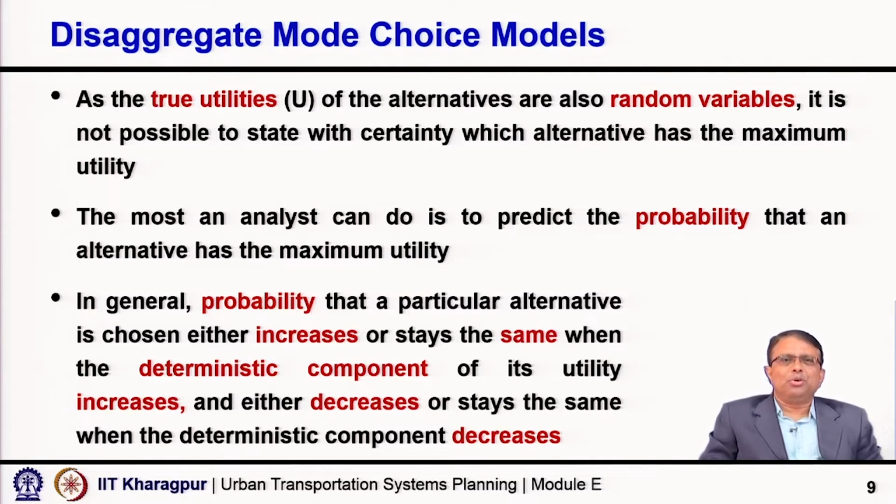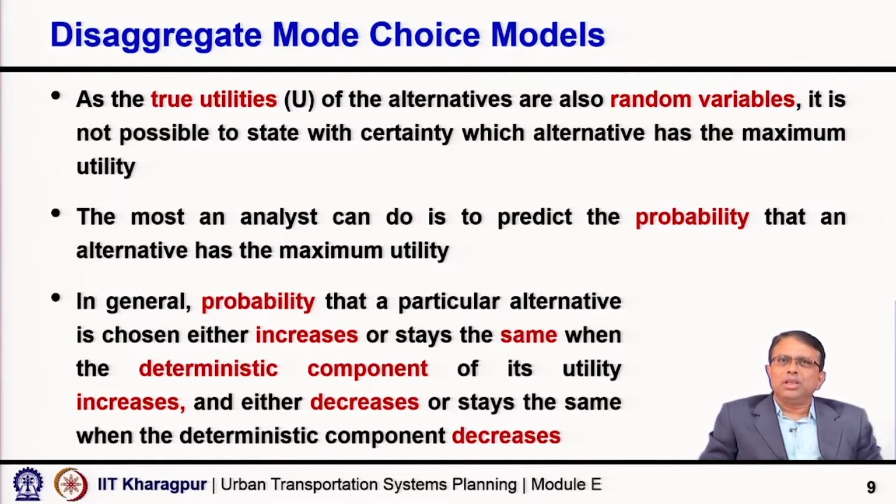So, if the deterministic component increases, the probability of choosing that mode will increase, and if it decreases, the probability will decrease, because the deterministic component of the utility decreases.